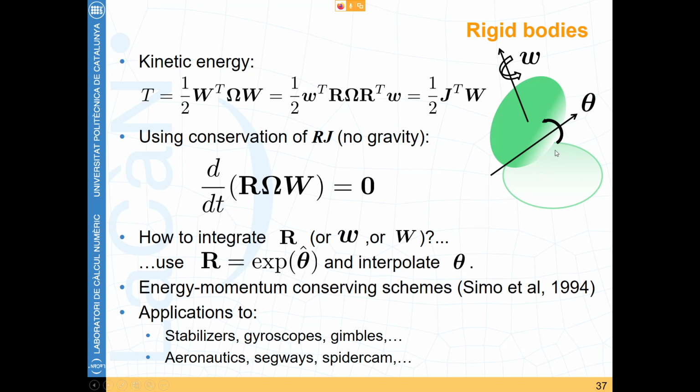Any rotation of a body can be stated as a rotation around a fixed axis, which means an axis and an angle, and this is what determines this r. This also then depends on theta.